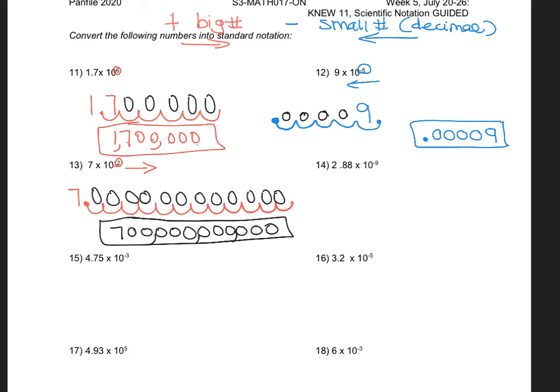All right, so this one, we have 2.88. Our decimal's already there, and we're moving 9 to the left. So 1, 2, 3, 4, 5, 6, 7, 8, 9.